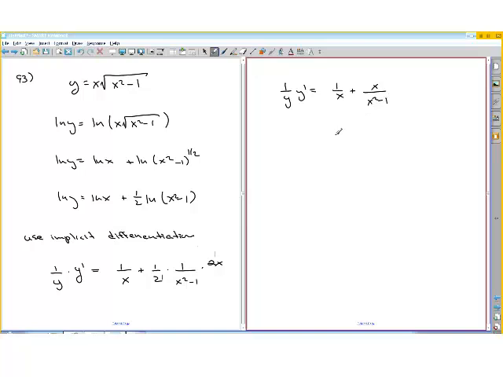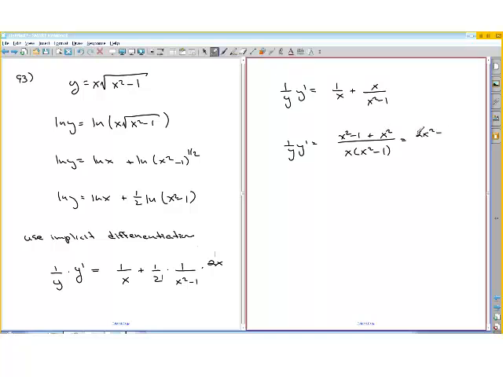Now, what do we do? Well, let's combine these with a common denominator. Because there are two terms, the common denominator is just the product of the two. Then we do the cross multiplication. So we have x squared minus 1 times 1 plus x times x, which is x squared.